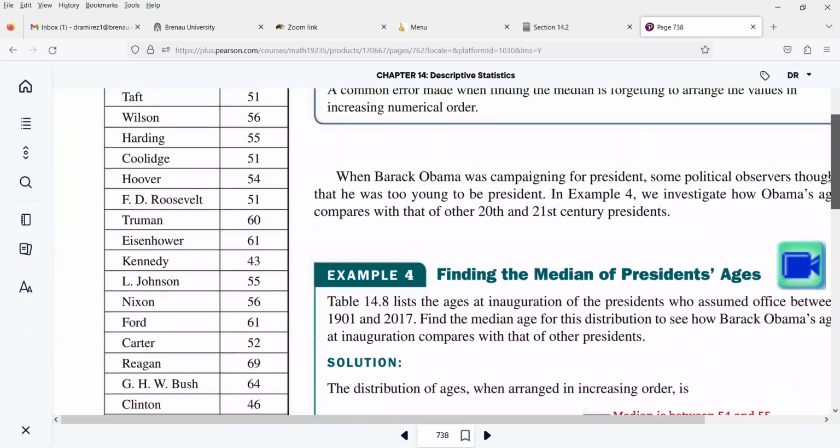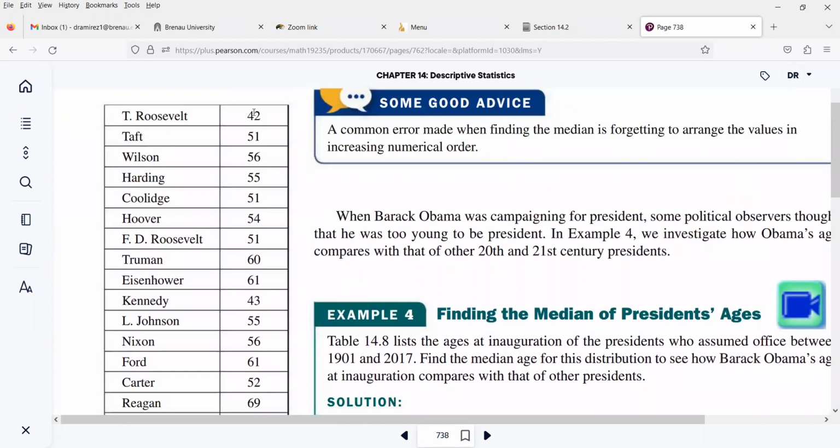And actually, you can also see that Teddy Roosevelt was 42, and John F. Kennedy was 43. But most of them were people in their 50s or 60s. Usually, a president must be someone they want with enough experience, but also young enough to have the energy to hold that position.